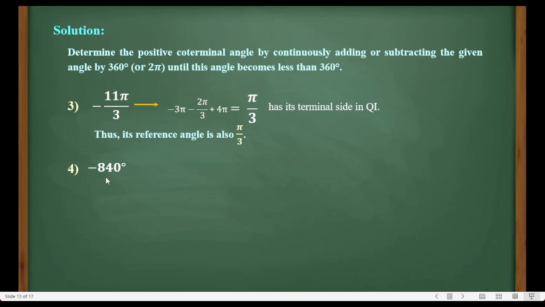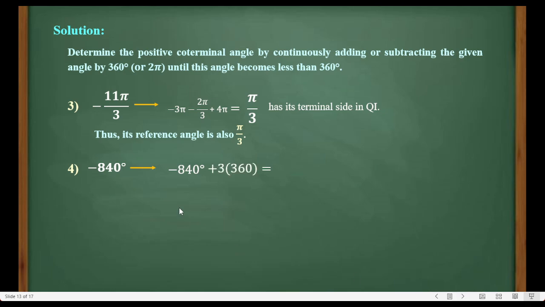So if we talk about its absolute value, which is 840, obviously it is greater than 360 degrees. So to get its equivalent coterminal angle, which is less than 360, what are we going to do? We are going to continuously add the given measure by 360 degrees.